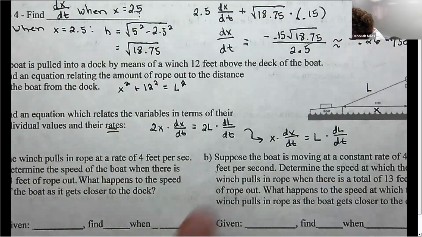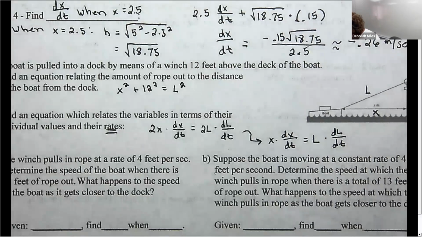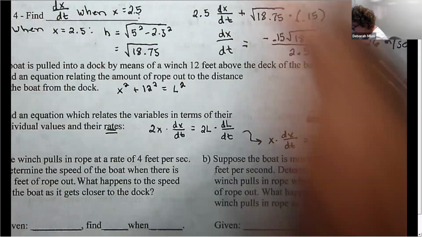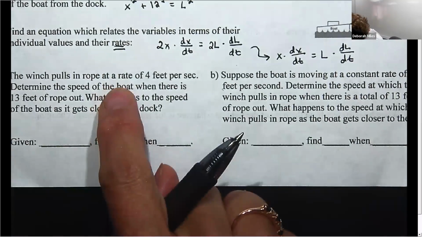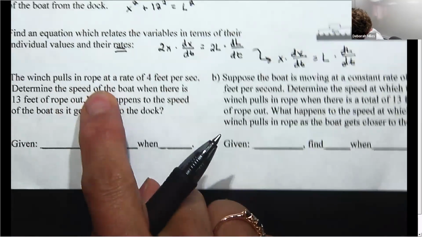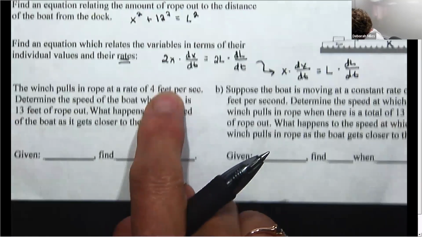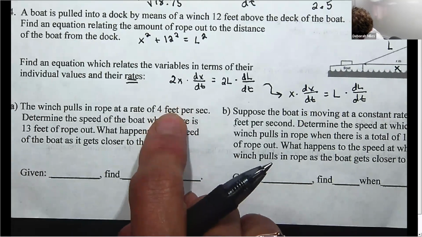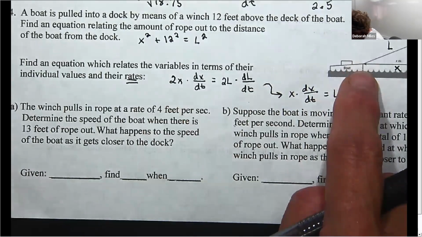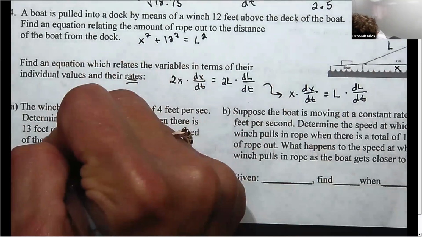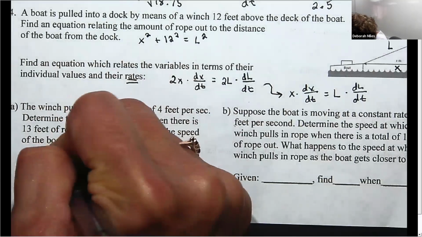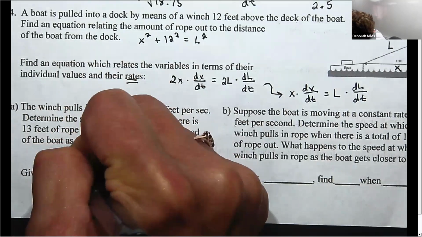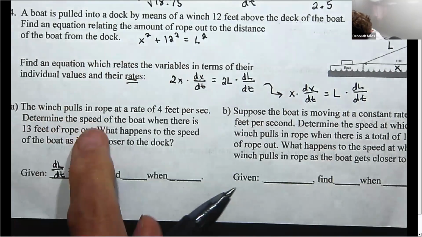And then I have a two-part problem, kind of like number 20 was with an A and a B part. The A part says the winch pulls in the rope at a constant rate of 4 feet per second. Which rate is that? That's the change in L. So given dL over dt is 4. Determine the speed of the boat.